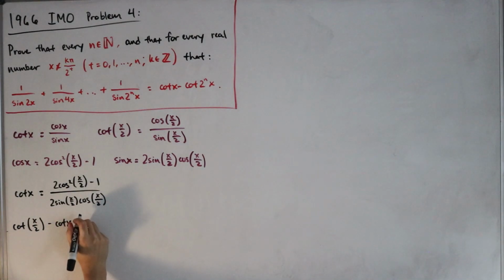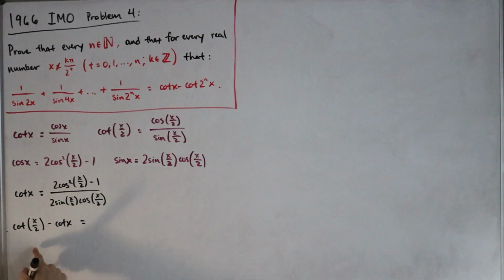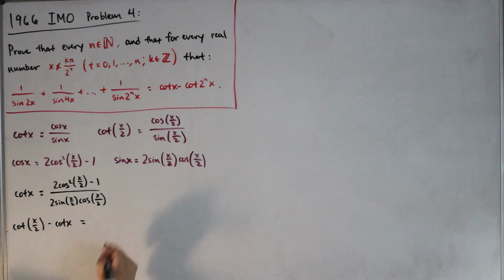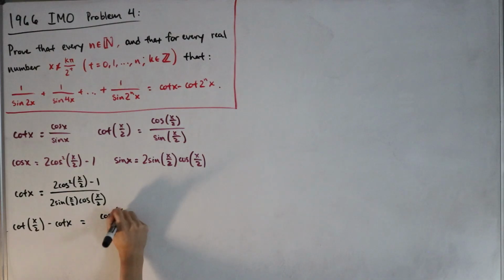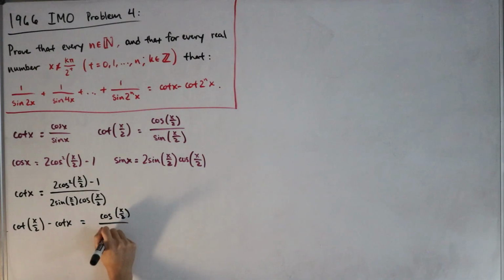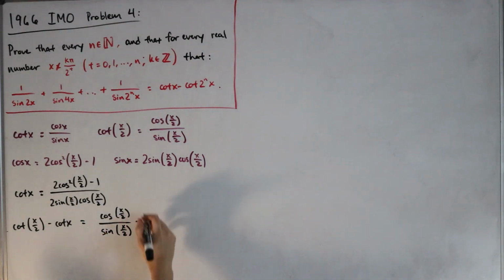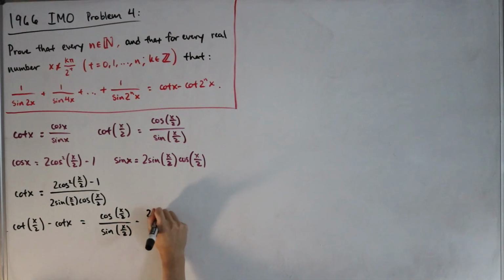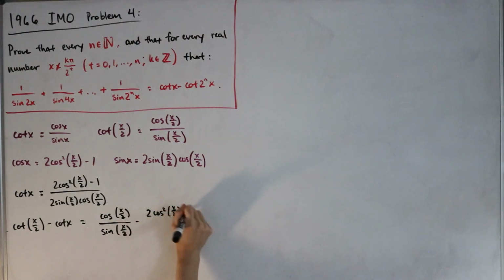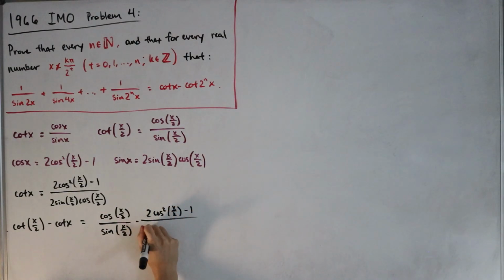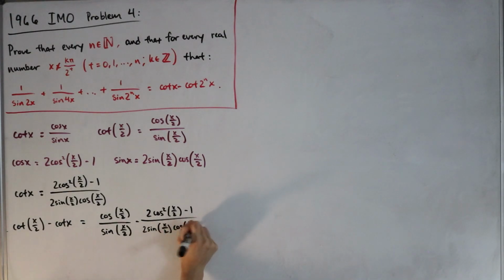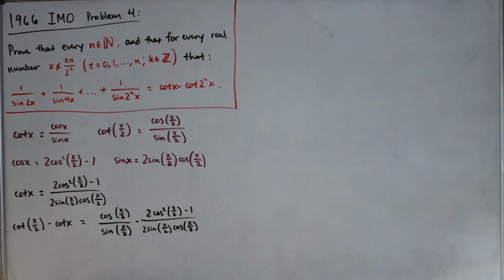Cotangent of x divided by 2 is the same thing as cosine of x divided by 2 divided by sine of x divided by 2. Then we subtract this equation that we just substituted, 2 times cosine squared of x divided by 2, subtract 1, all divided by 2 times sine of x divided by 2 and cosine of x divided by 2. Okay, so now let's get a common denominator for both of these.